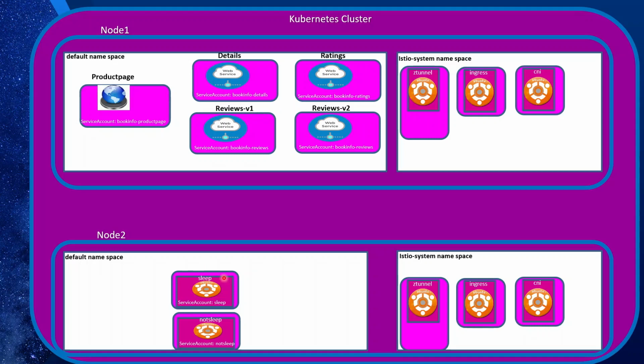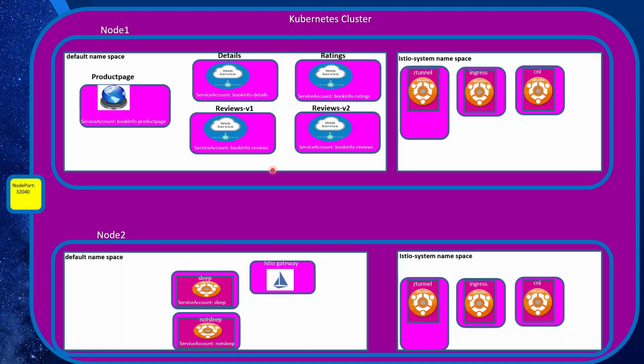We will also deploy two client applications, one called sleep and the other one called not-sleep. Basically, we are going to use these as the clients that will be consuming these services. Each service has its own service account, and they are all mentioned here. Those become important when we talk about policies.